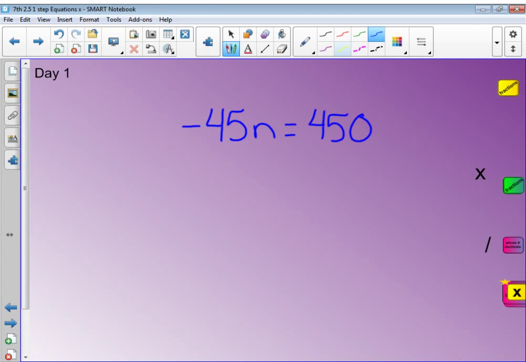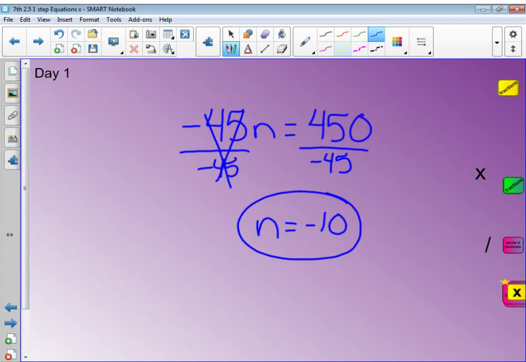You can go ahead and pause your video, work through this problem, and then start the video back up to check your answer. You should have gotten n equals negative 10 on this problem. Okay, so that's working with whole numbers and decimals.